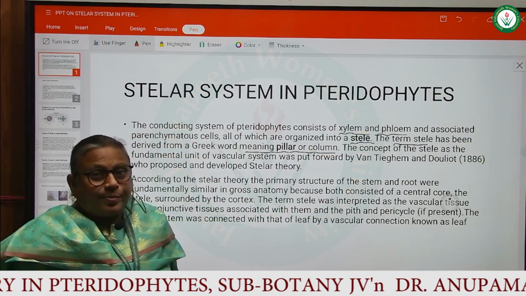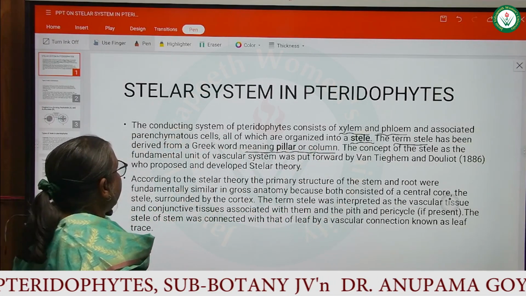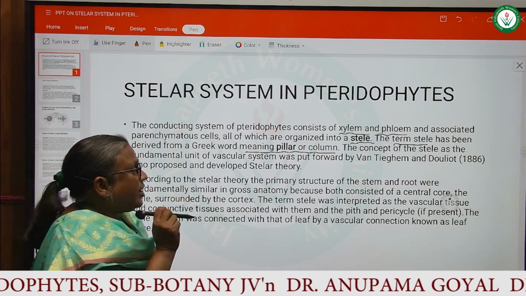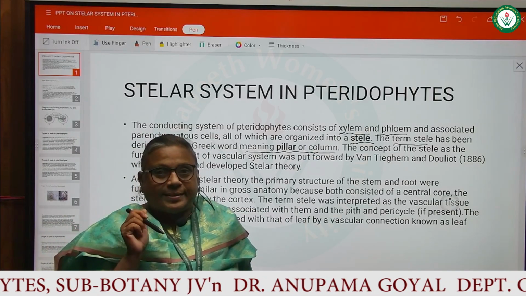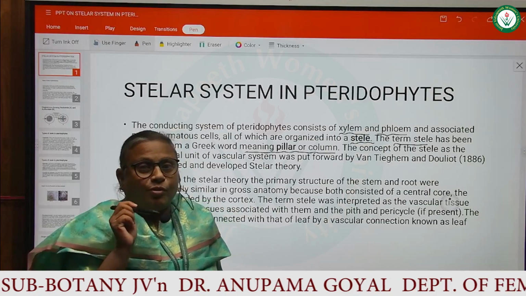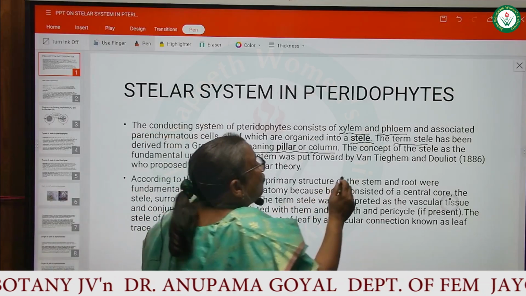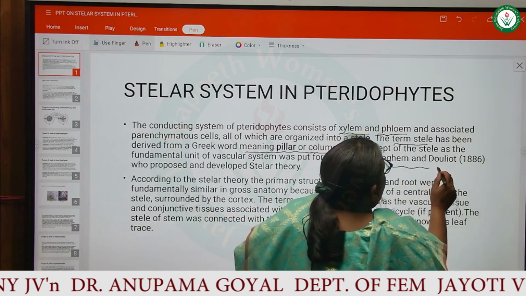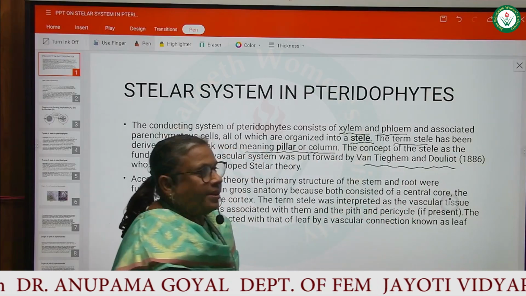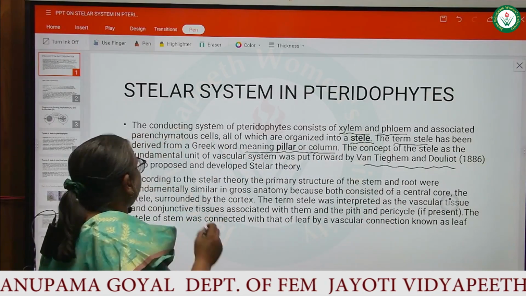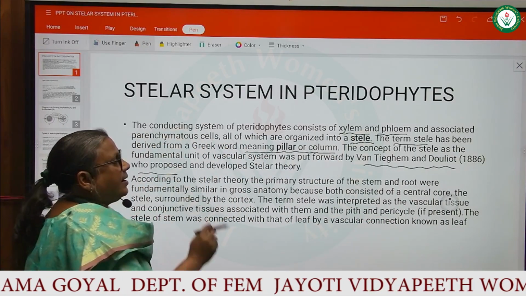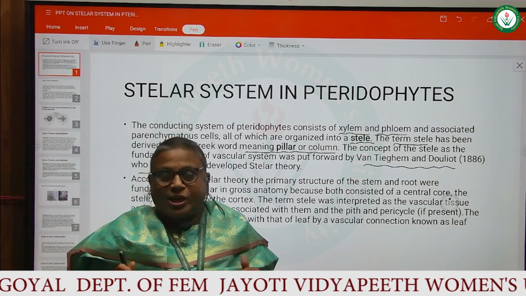The concept of the stele as the fundamental unit of the vascular system was put forward by Van Tieghem and Douliot in 1886, who proposed and developed the stelar theory.